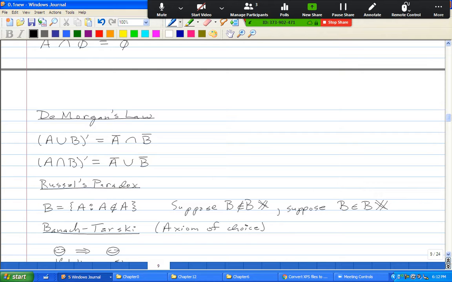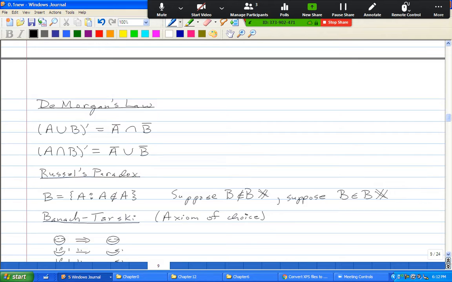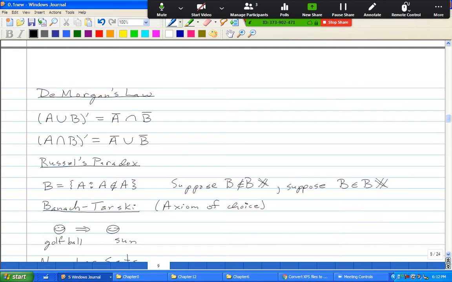The Banach-Tarski paradox, which says that if you assume the axiom of choice is true, that's one of the fundamentals of set theory, it turns out that if you look at any sphere then you can subdivide it into a finite number of pieces, 3 pieces.